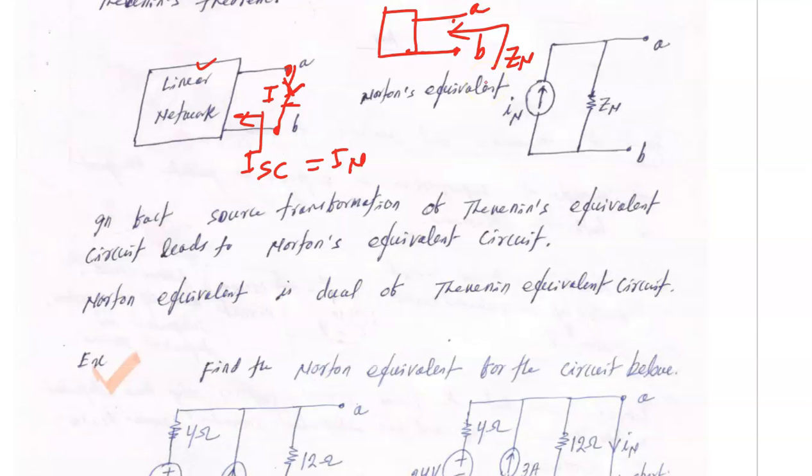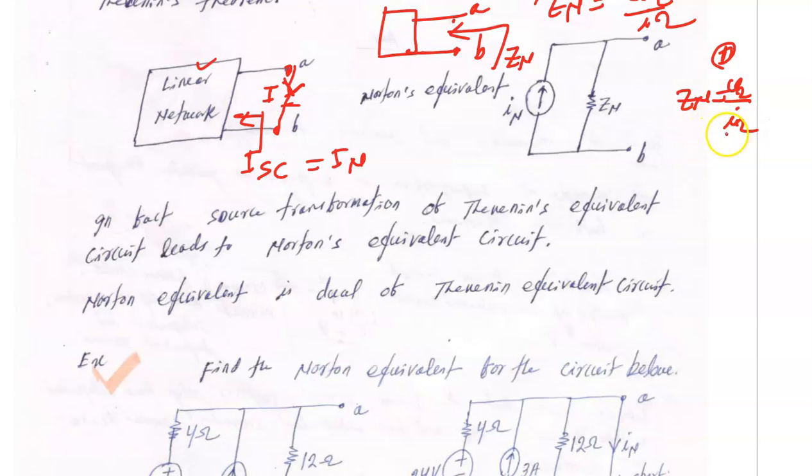It is the same process we follow in Thevenin's theorem. There are three different ways I have already discussed. If there are dependent sources, drive with a voltage source at this terminal, measure the current, then Zn or Zth is the same as V2 upon I2, or drive with a current source and measure the voltage, and your Zn is equal to voltage upon the current.